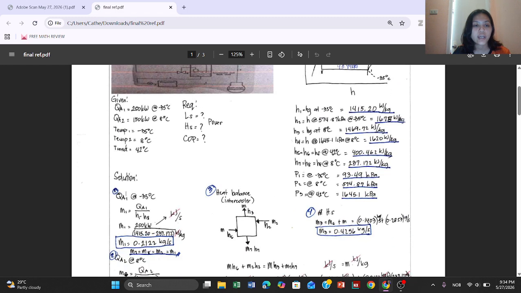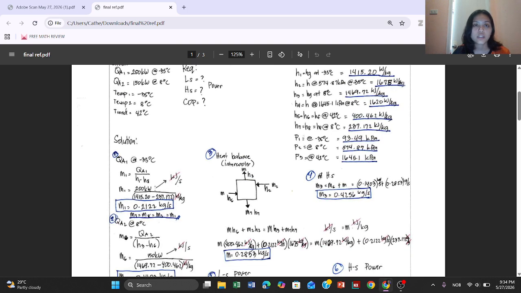The first refrigeration capacity is from the first evaporator. We have QA1 at negative 35 degrees Celsius. So we have this formula: mass flow rate at point 1 is equal to QA1 over H1 minus H8.